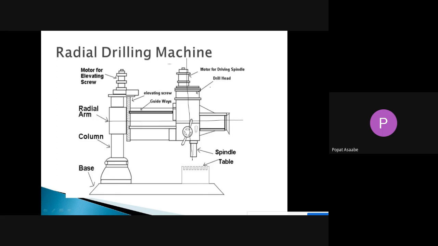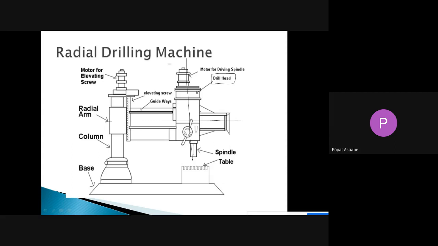Inside this drill head all power transmission and drive units are present. It consists of all power transmission and drive elements, and this drill head we have mounted on this radial arm.